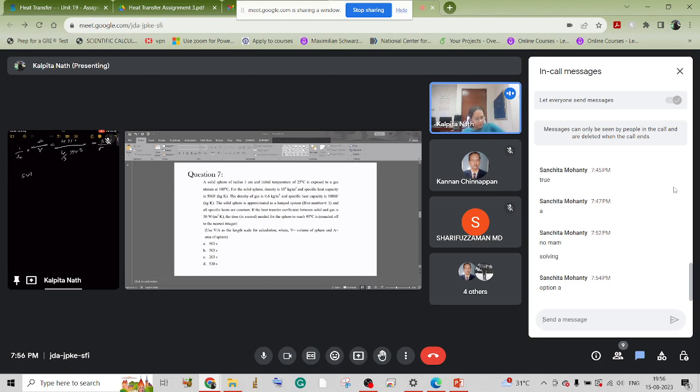Now substituting the values, ln of (95 minus 100) upon (25 minus 100) is equal to minus 50 into 3 into t upon 10 to the power 4 into 0.01 into 500. And this will give us 902.6. So that is option number A.